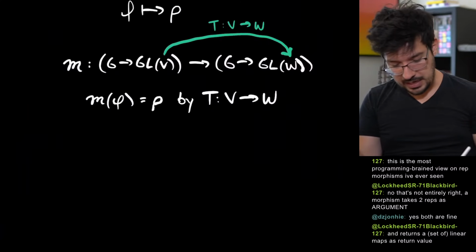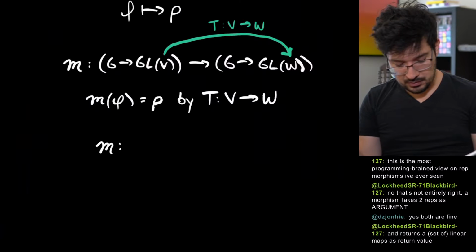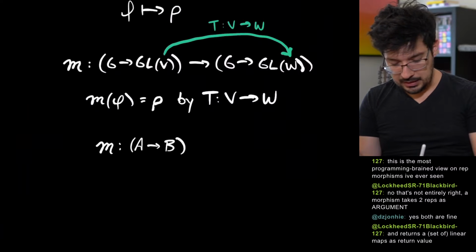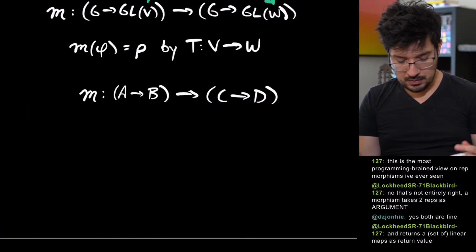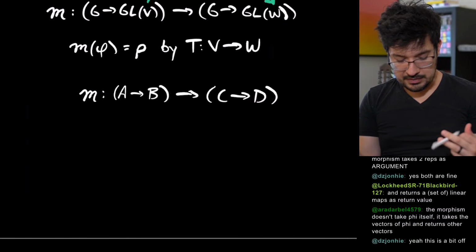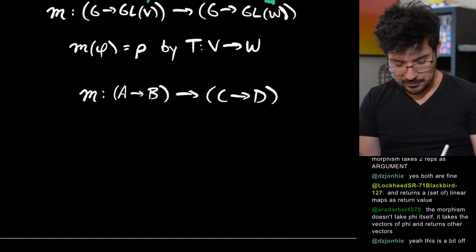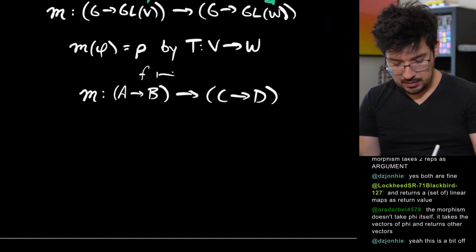Can I define a morphism, fancy M, from any objects to... is a morphism just a higher order function that takes a function and returns another function?